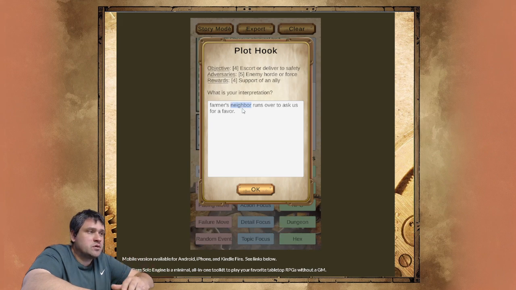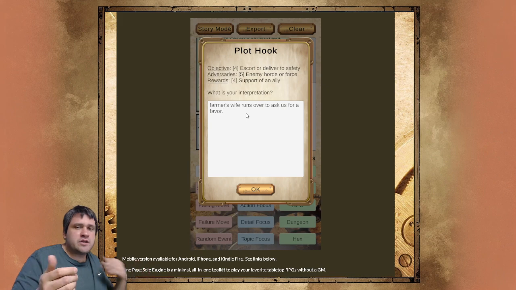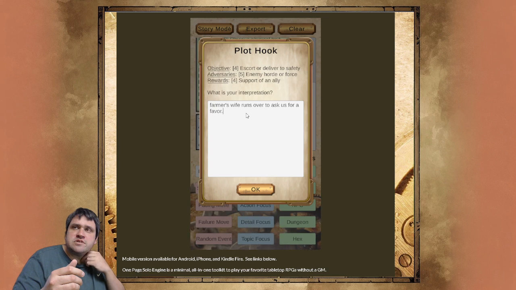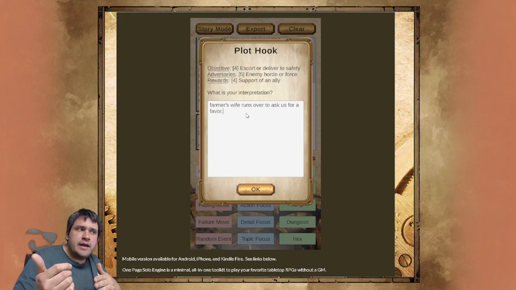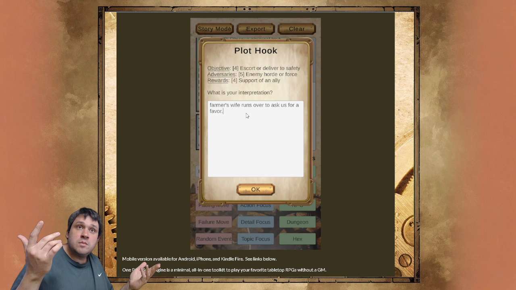I'd say that makes more sense. Farmer's wife runs over to us, asks us for a favor to maybe go to the market, or the farmer's son works at the local market, and the son forgot.